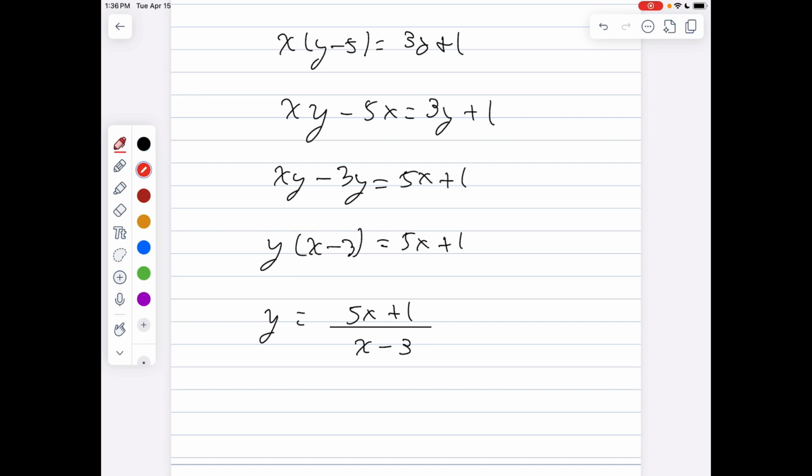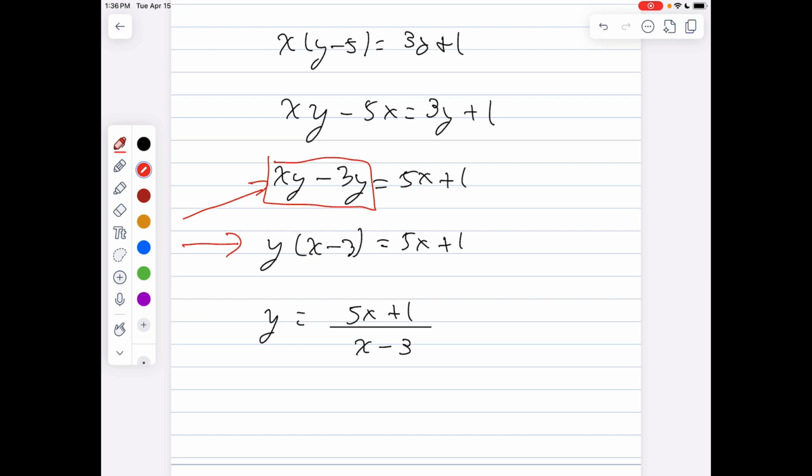One step a lot of people are a little confused about, let me just get to that right now, is where I go from xy minus 3y to y times quantity x minus 3. A lot of people ask me why we're able to do that, or why we would want to do that. First thing is that if you look at xy minus 3y, those are two non-like terms. I know they both have a y, but I can't combine those two terms to make one single thing.